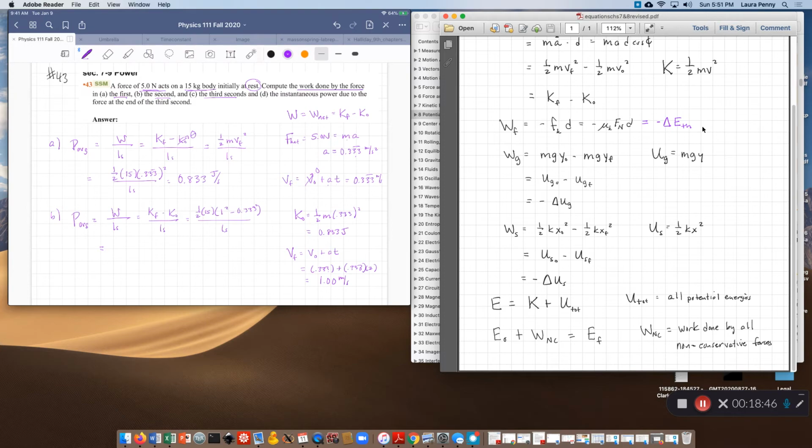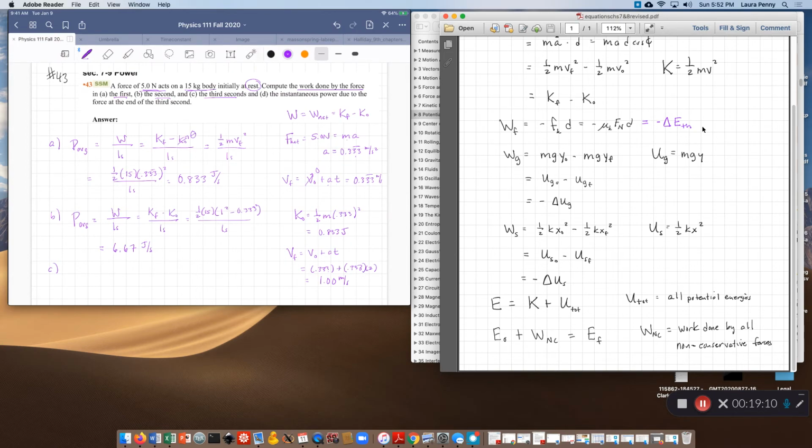And then we can go through this whole madness. So 1 minus 0.333 squared times 0.5 times 15 is 6.67 joules per second.